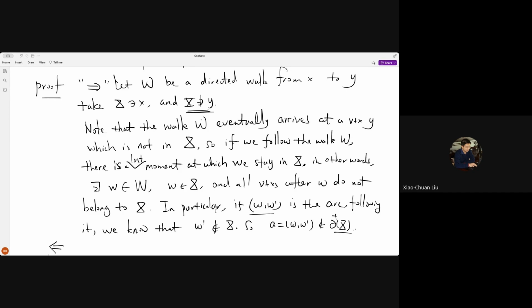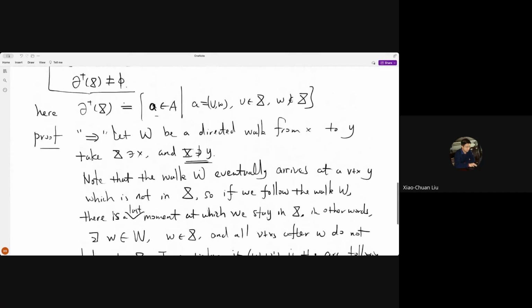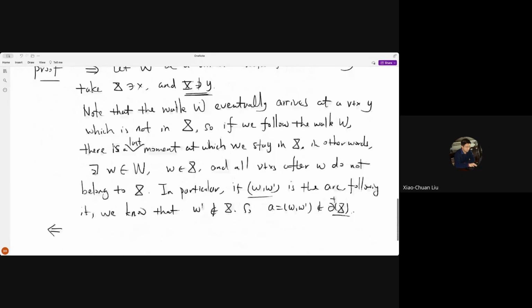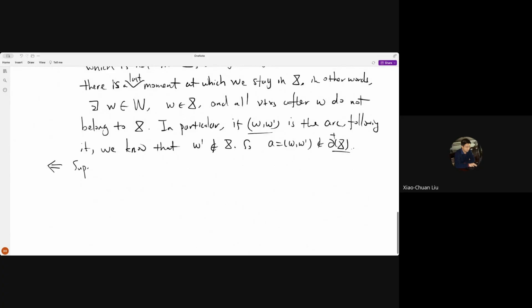Okay, so this is one direction, and for the other direction, we assume that all x with this property have non-empty out boundary. Then we try to prove that y is reachable from x. So suppose for contradiction that y is not reachable from x.